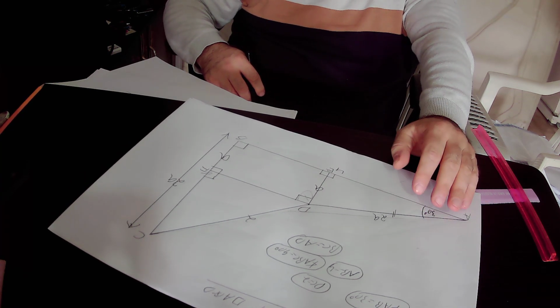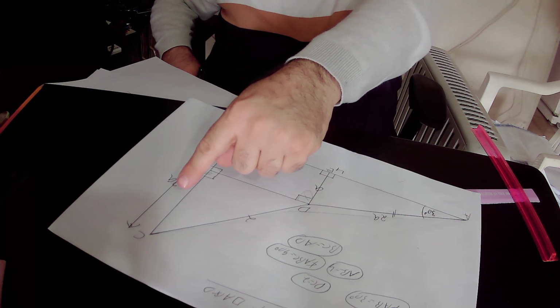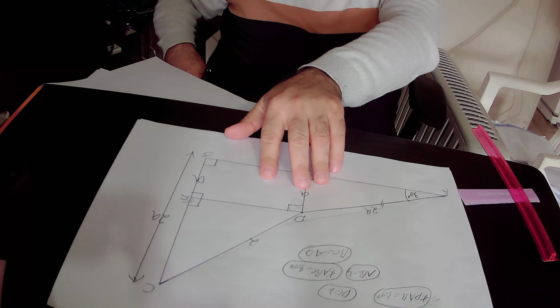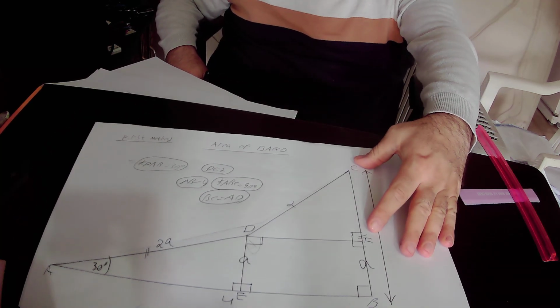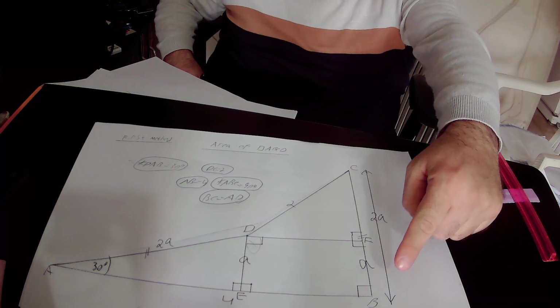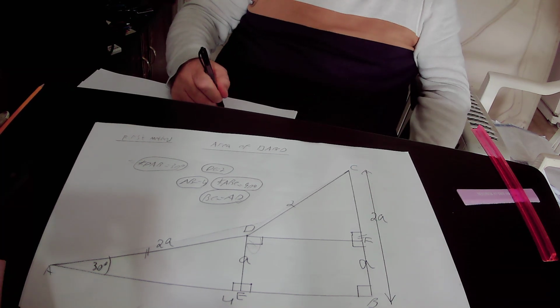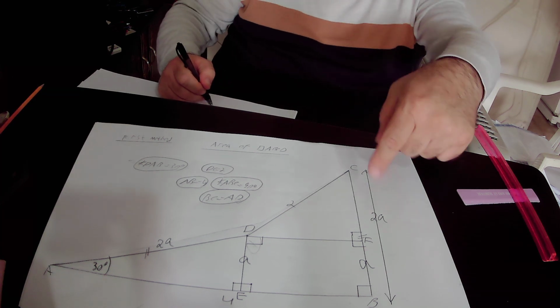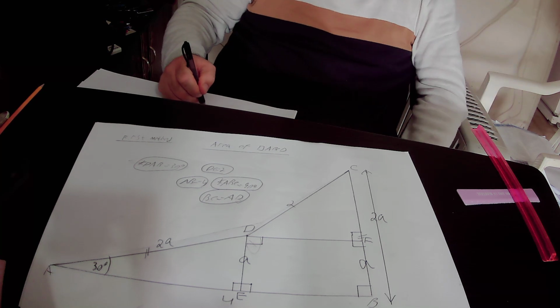And what is the size of CF? CF equals CB minus FB.